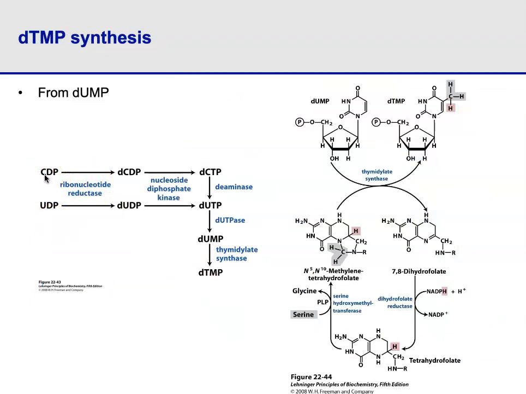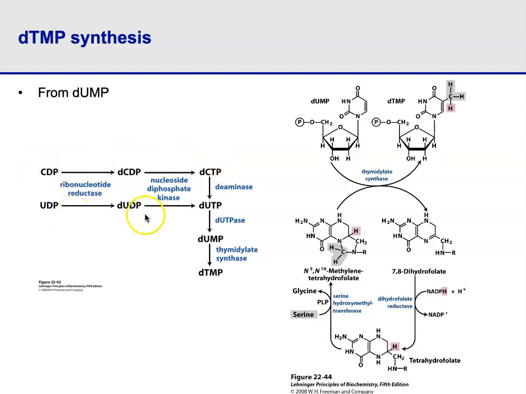Okay, so we generated the purine and the common pyrimidine bases. We converted all the ribonucleotides into deoxyribonucleotides. Obviously, we don't have the thymine nucleotides yet, but this will tell you how we generate thymidine monophosphate. We can start either with cytosine or uracil.